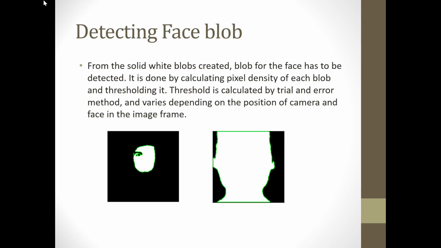The threshold is calculated by a trial and error method, and it varies based on the position of the camera and face in the image frame. Here we can see from the images how the blobs are created and how the face is separated from the other parts of the image.